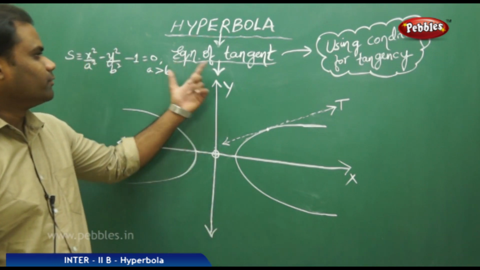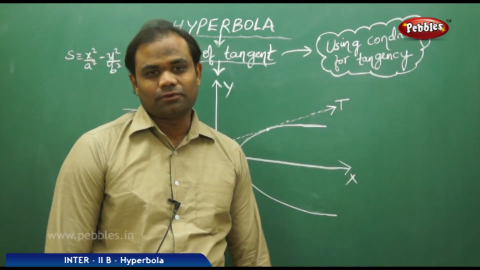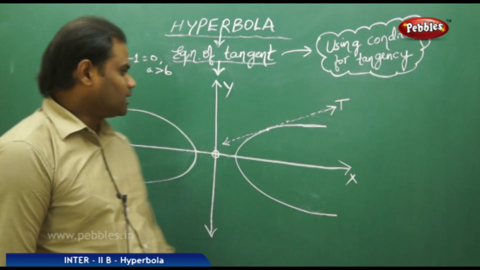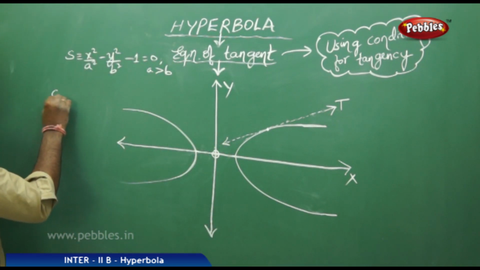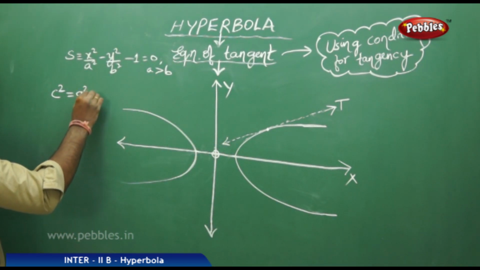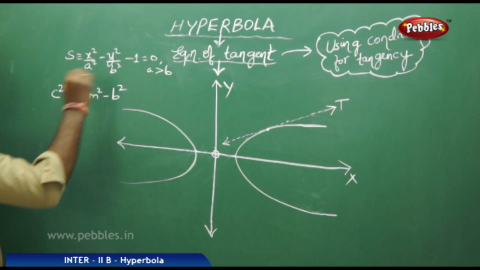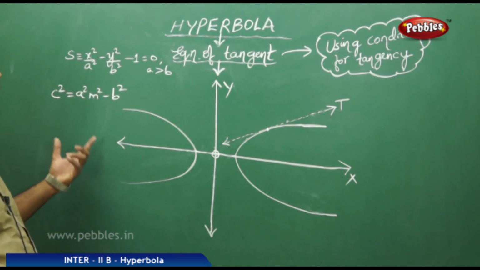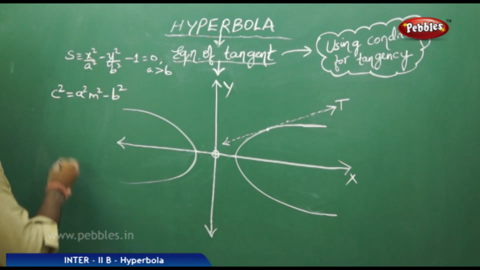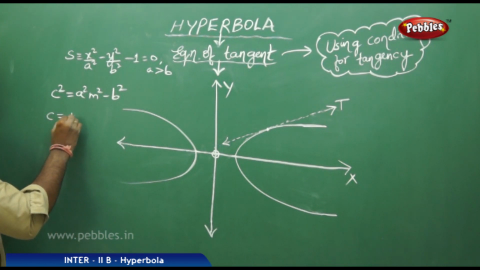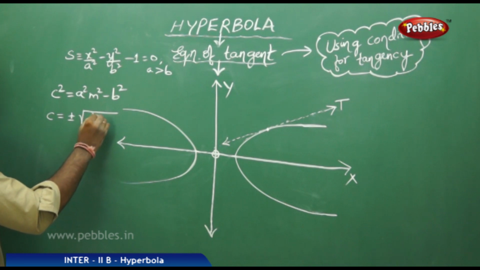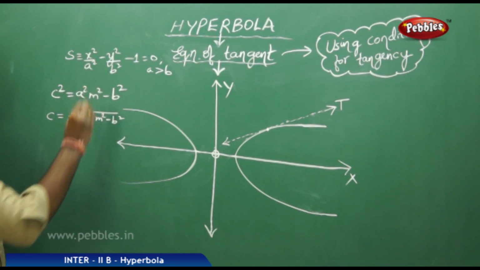Now let's find the equation of tangent using the condition for tangency. As we know, the condition for tangency is c square equals a square m square minus b square for the line y is equal to mx plus c to be a tangent. We have c equal to plus or minus root of a square m square minus b square.